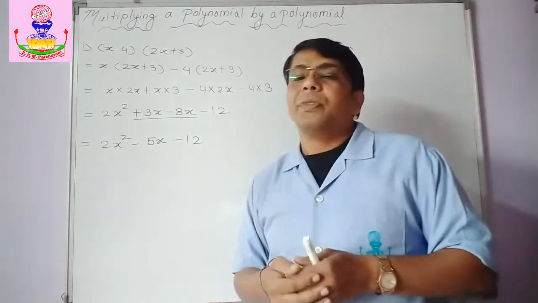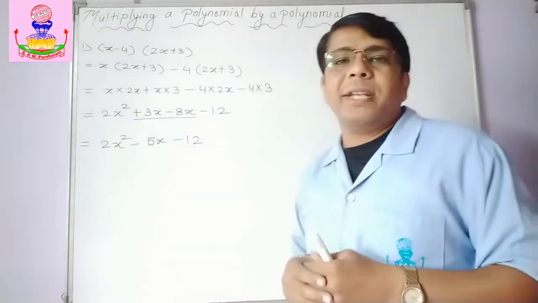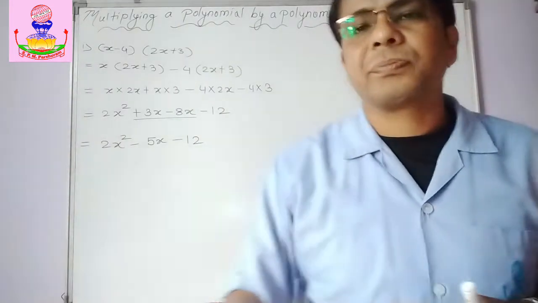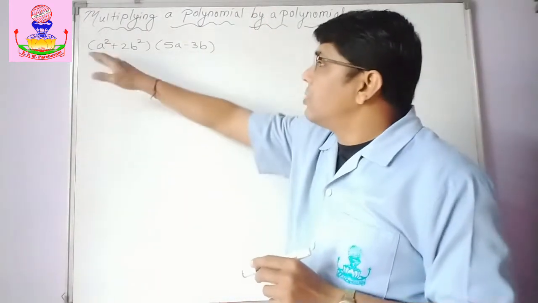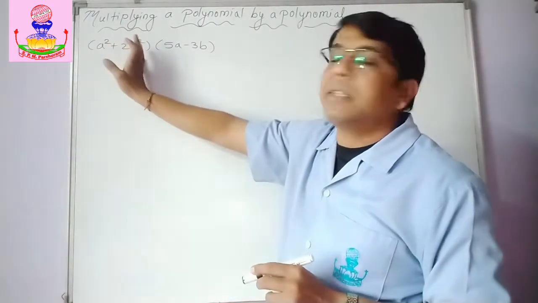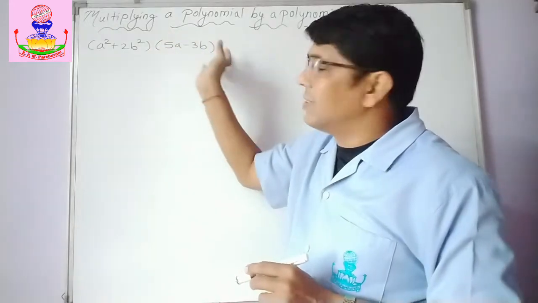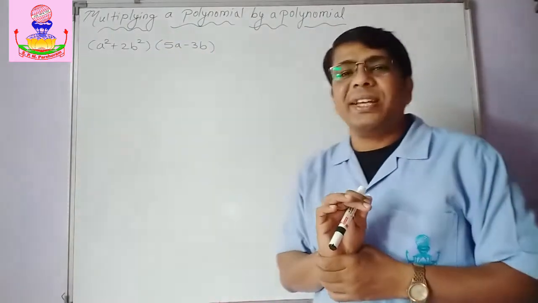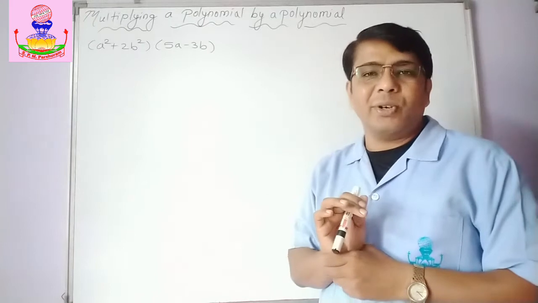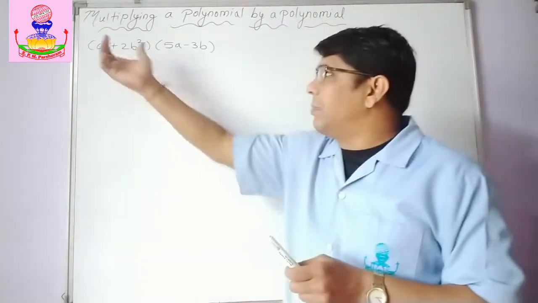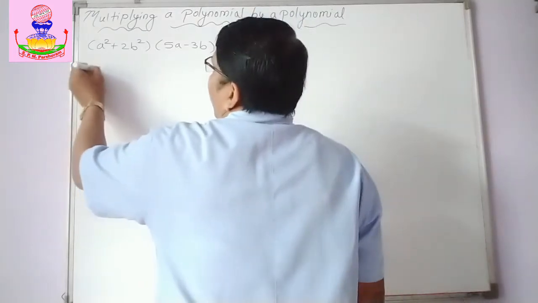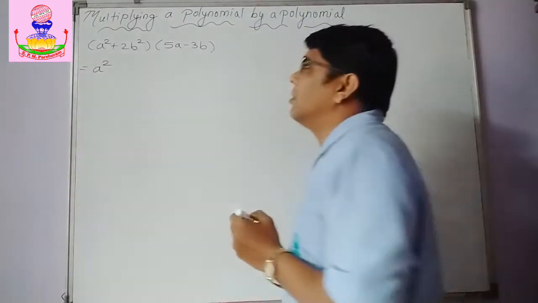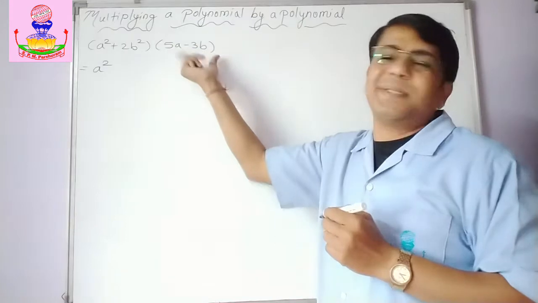Okay. So now one more example I will take based on this. Now see again, (a square plus 2b square) into (5a minus 3b). So again here binomial by binomial. Okay. So open the bracket of the first binomial, right? And multiply each term of it by the next bracket.